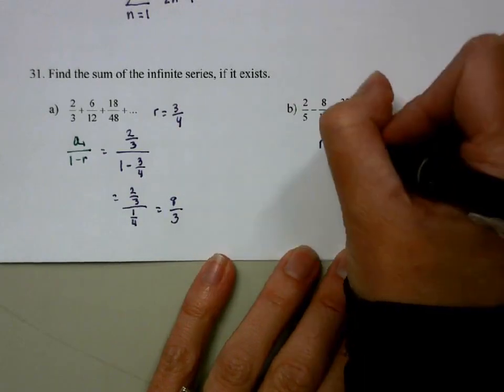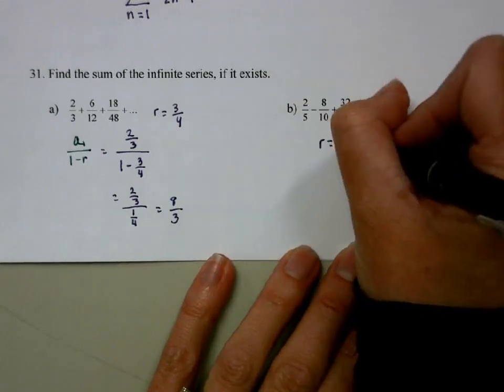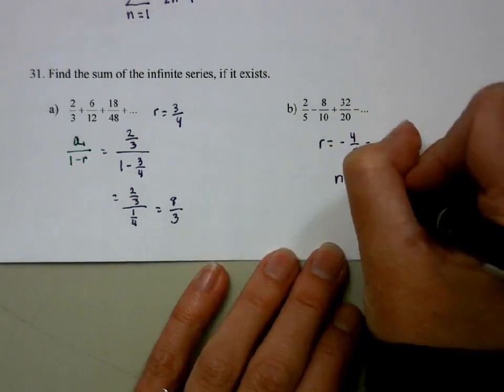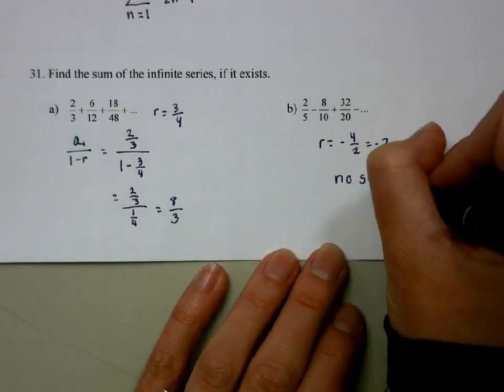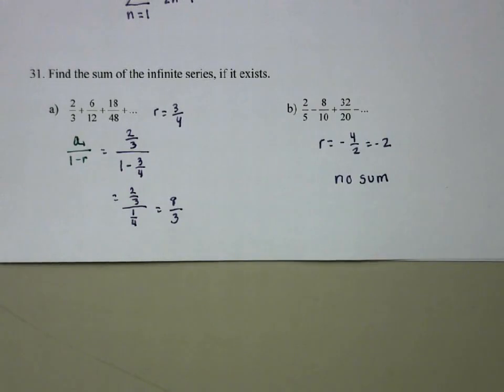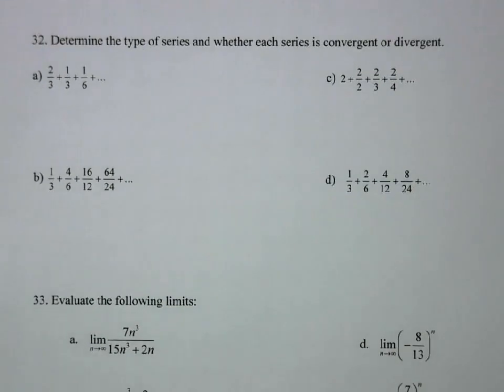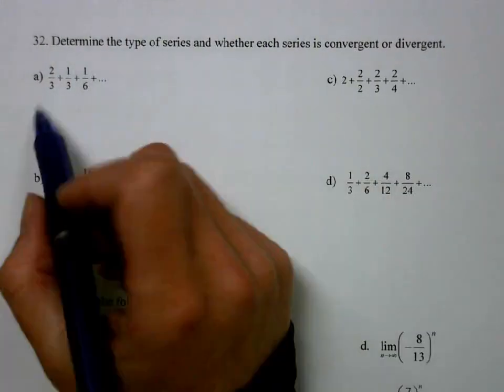In this section, we're determining the type of series and whether it is convergent or divergent. So here, 2/3, 1/3, 1/6 is infinite geometric. Okay, the ratio is 1/2, which means this is convergent.